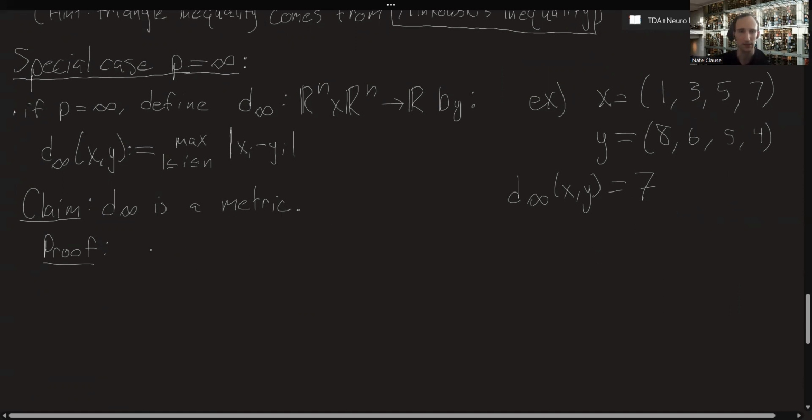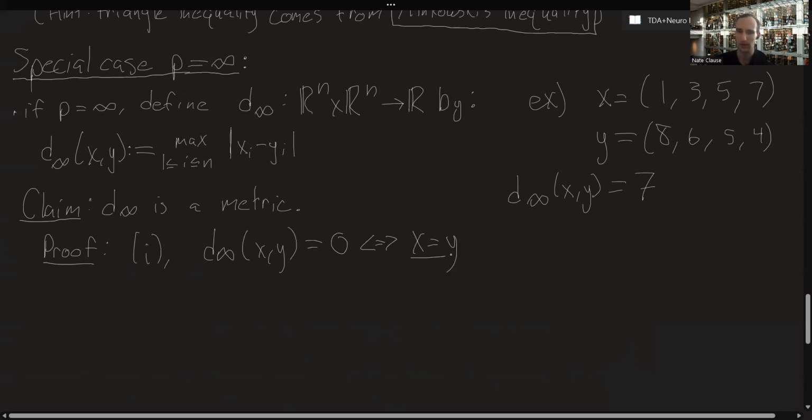Okay, so condition 1 is just straightforward to show, so I won't really go into that. We have to say d infinity of x, y equals 0 if and only if x equals y.